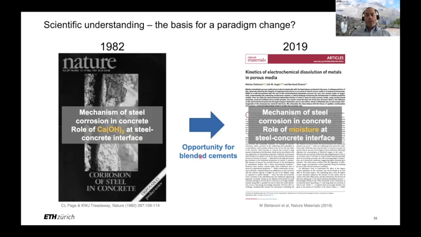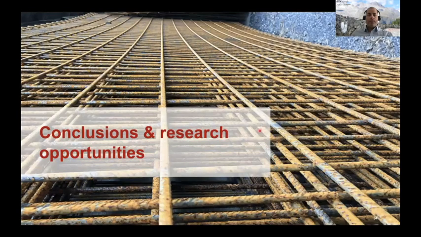However, if we shift our focus towards the role of moisture and microstructure, then we could design the system in a different way, so that we can actually control the moisture transport through the cover depth, instead of controlling only CO2 transport and transport of the carbonation front through the cover depth and towards the steel. And I think that opens new opportunities for the decarbonization of the cement industry.